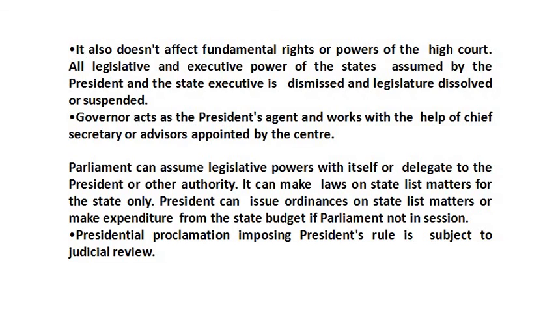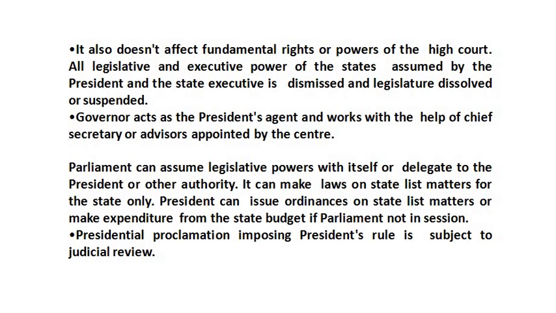All legislative and executive power of the state is assumed by the president, and the state executive is diminished and the legislature is dissolved or suspended. The governor acts as the president's agent and works with the help of the chief secretary and advisors appointed by the center.